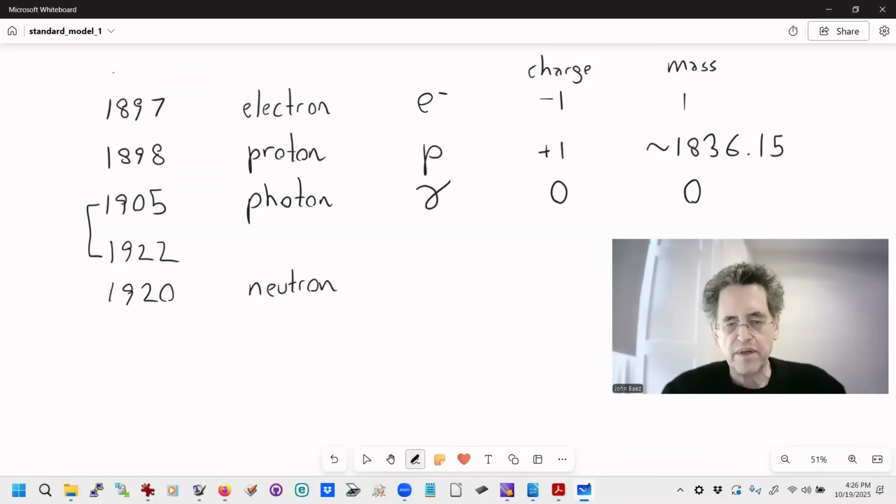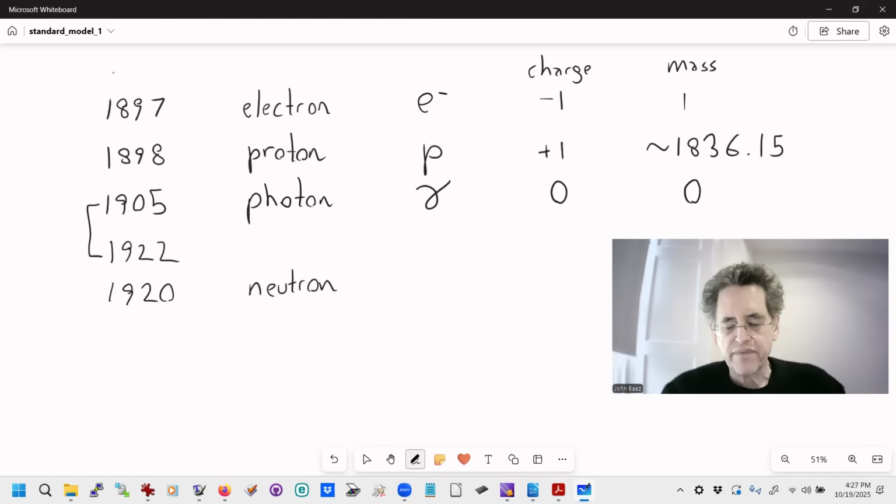But back then, this was all much less clear, and people just noticed that there were different kinds of anode rays, and they discovered, for example, that when you ionized helium, there was this anode ray that had about 4 times the mass of a proton, but only twice the charge. And eventually people realized that that was because a helium nucleus is made of 2 protons, but also 2 neutrons.